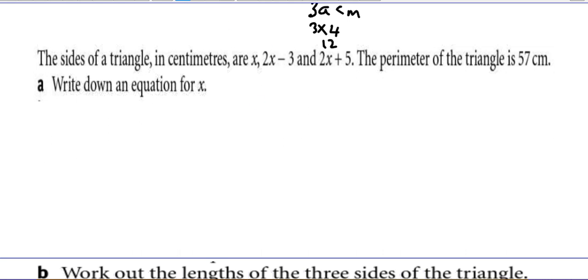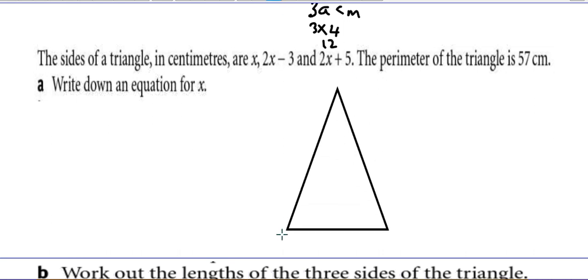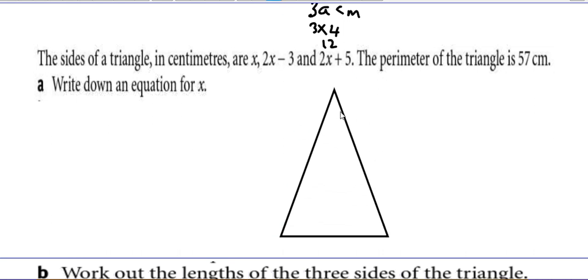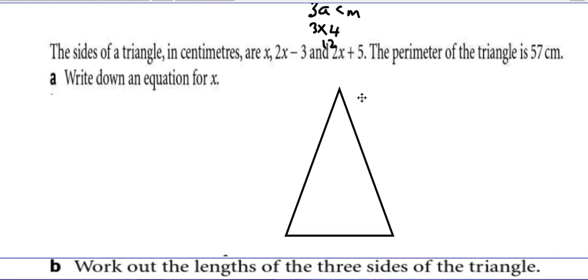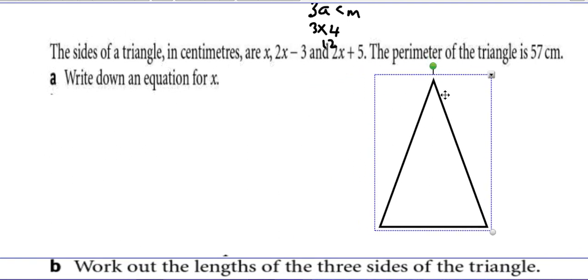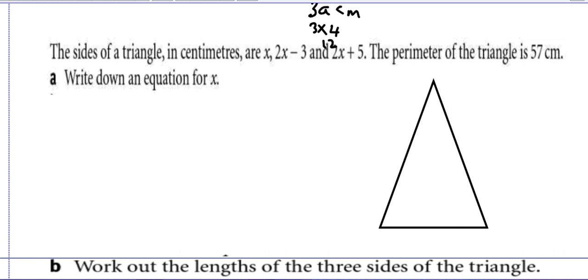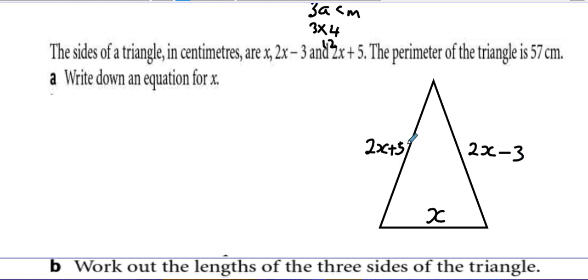Let us get a rough sketch. This is a triangle. Suppose this side is x, this will be 2x minus 3, and this will be 2x plus 5. They are saying the perimeter is 57.